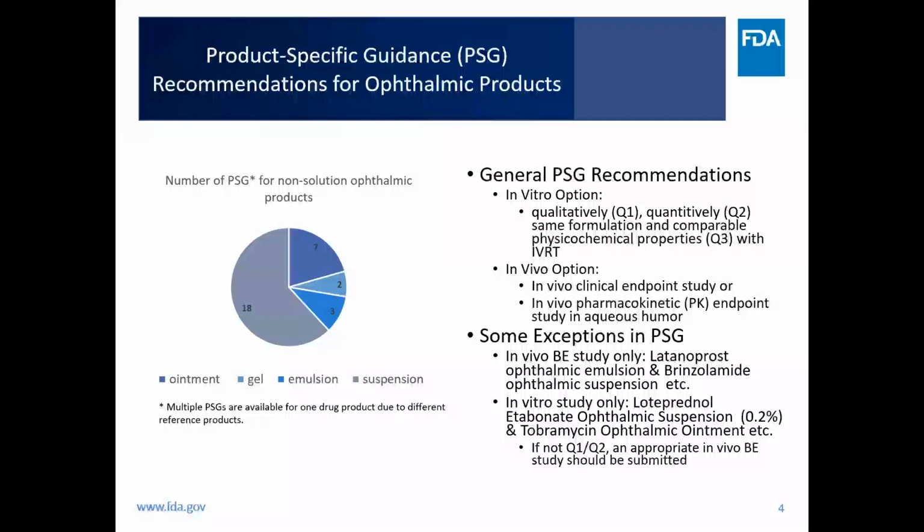But there are also some products where currently the PSG only recommends in vitro study, for example, the low strength of loteprednol ophthalmic suspension and tobramycin ophthalmic ointment. The PSG only states in vitro studies, but if your product is not Q1, Q2, the applicant may contact the agency in advance to discuss the drug development plan.